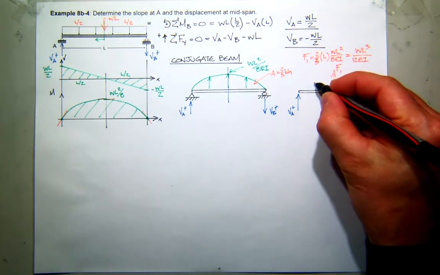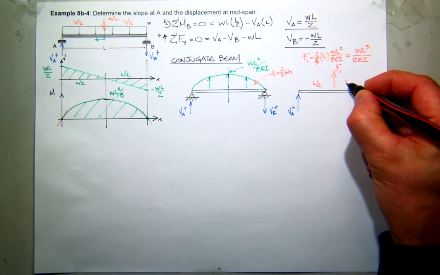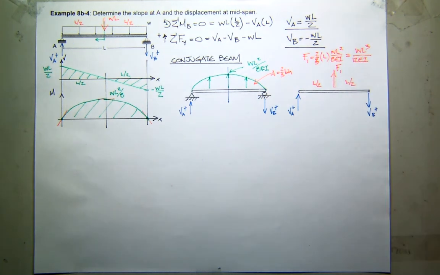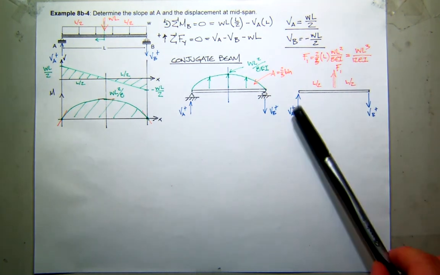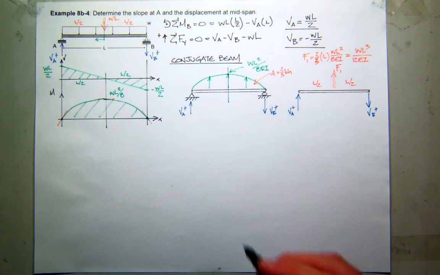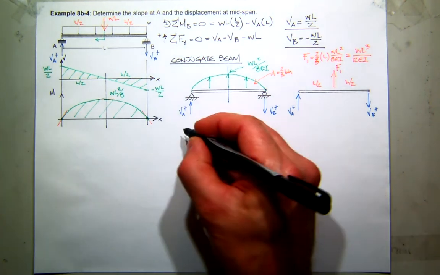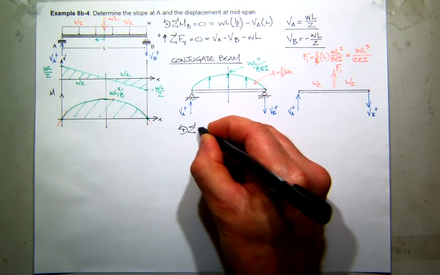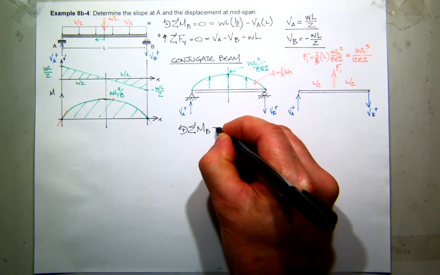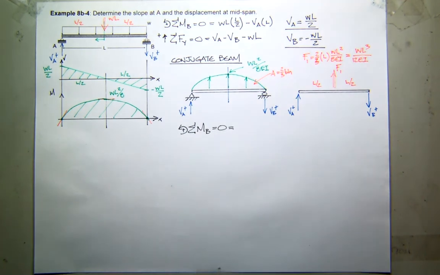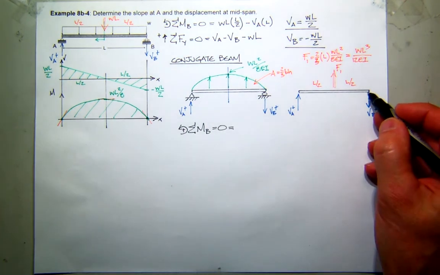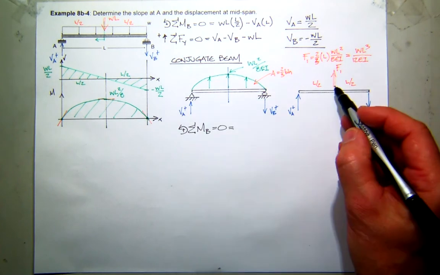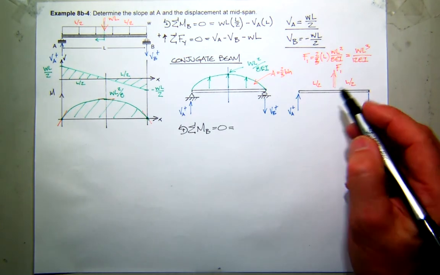And of course the distance is L over 2. So I can find the shear at A. If I sum moments about B, what do I get? Well, about B, with right-hand rule as my sign convention, the force at 1 is negative.